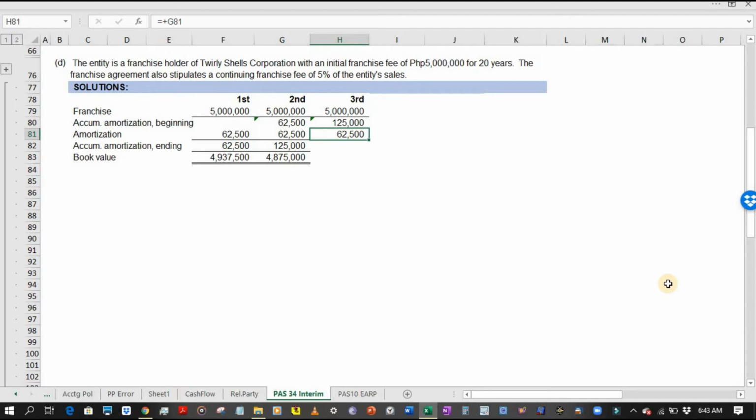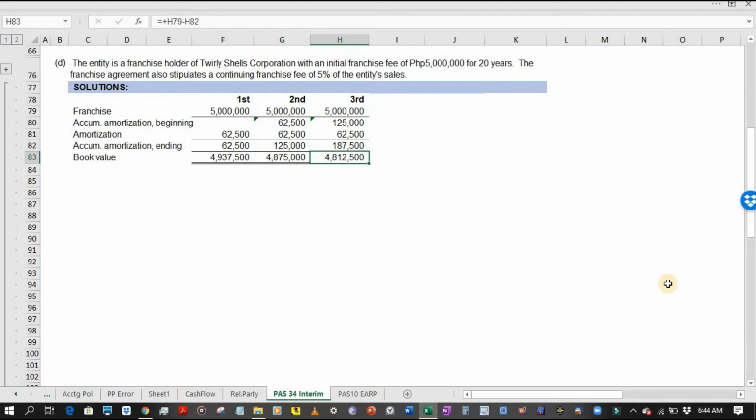So the accumulated amortization ending is 187,500. So the amount of amortization expense that will appear in the third quarter income statement is 62,500 pesos. Then in the statement of financial position, the net book value of franchise that will appear is 5 million less 187,500. So that will be 4,812,500 pesos.